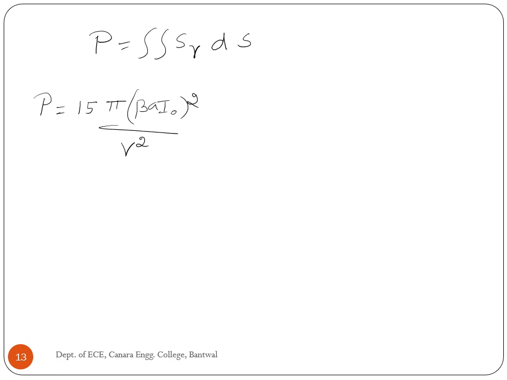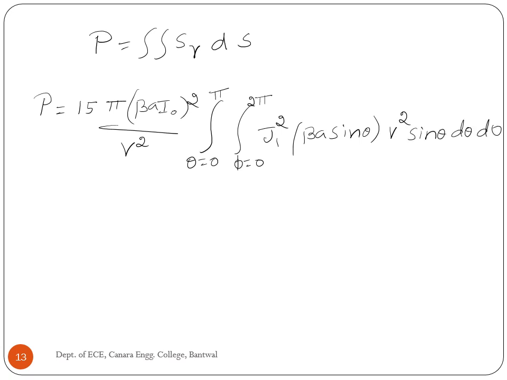The total power is the integral of Poynting vector over a large sphere, which is equal to 15π βa I naught square divided by r square, θ 0 to π and φ is equal to 0 to 2π J1 square of (βa sin θ) ds, where ds is r square sin θ dθ dφ.